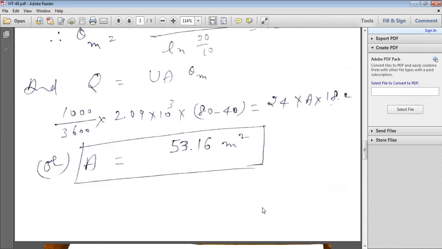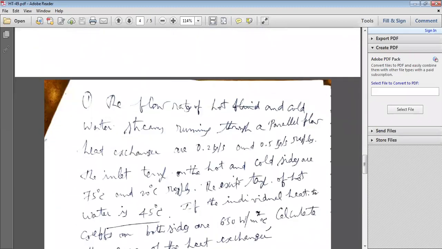Like that, you can solve a number of problems on heat exchangers. Now I will close heat exchangers by solving one more problem, and then tomorrow in the next class we'll go for boiling and condensation, the second topic of the 5th unit.